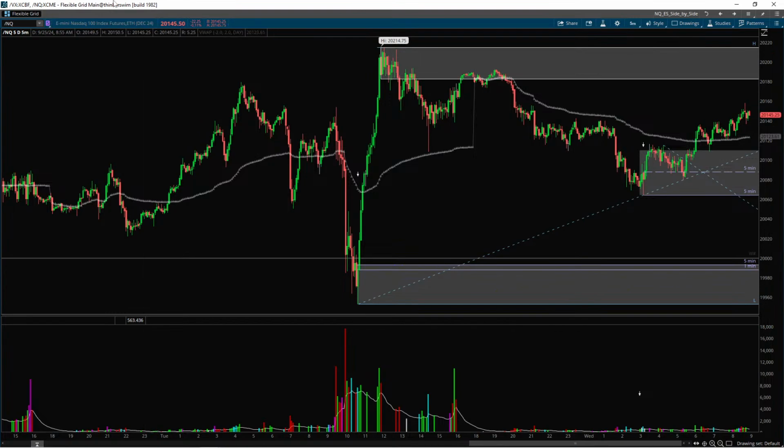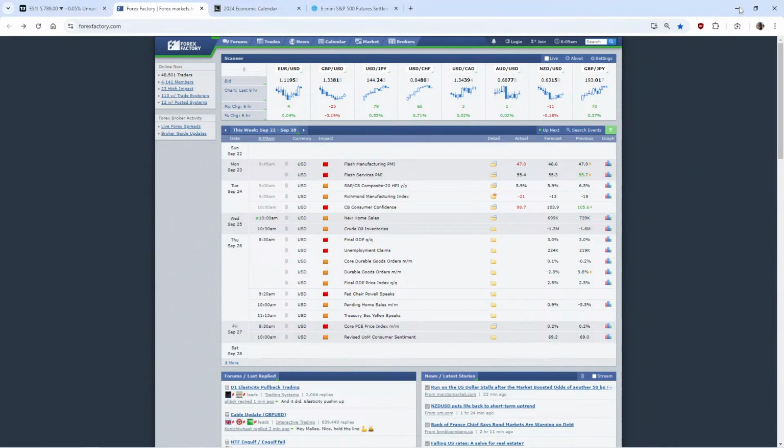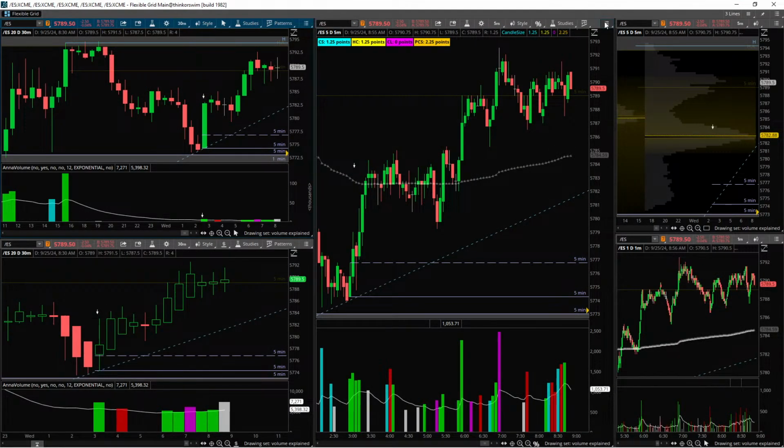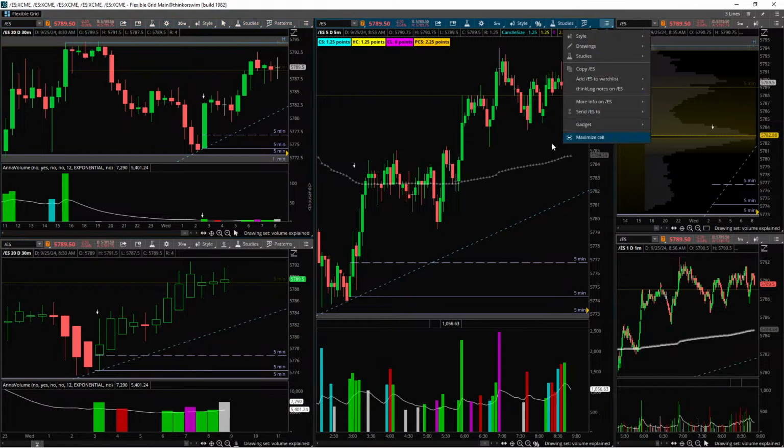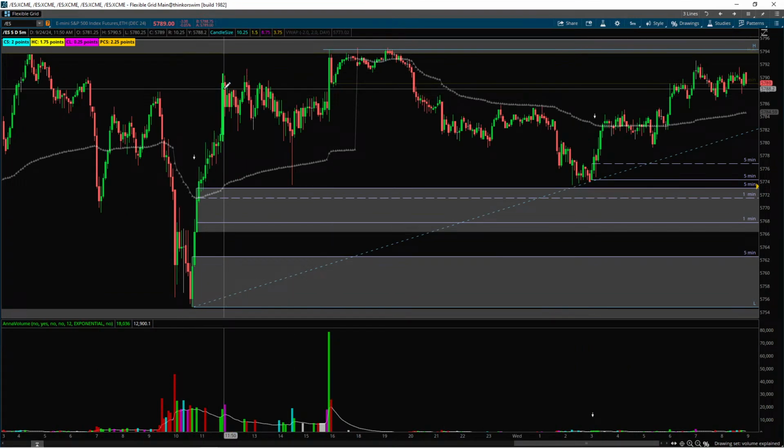Does NQ or ES have something similar? It would have been that, but we got above it. We did this.